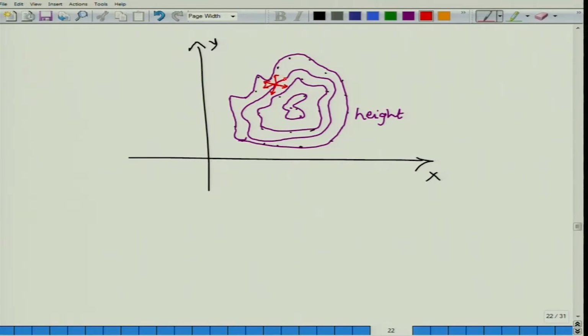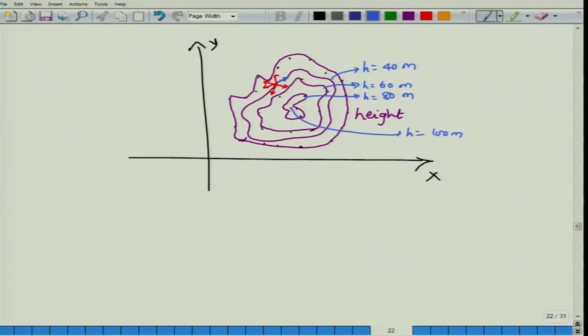Now observe, along this blue line I am actually moving along a contour of constant height. So let us say this height is equal to 40 meters, this height h is equal to 60 meters, this height h is equal to 80 meters, and this point is equal to 100 meters. So you have a hill which is about 100 meters in height.